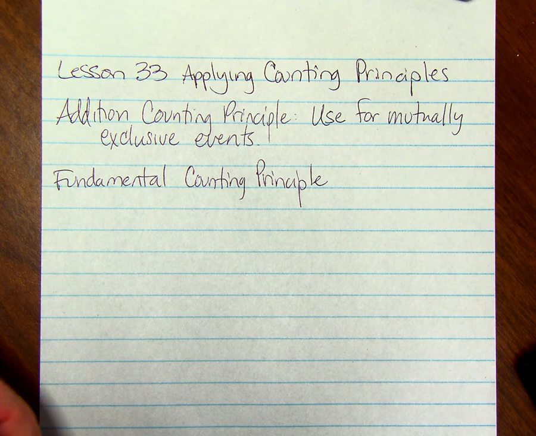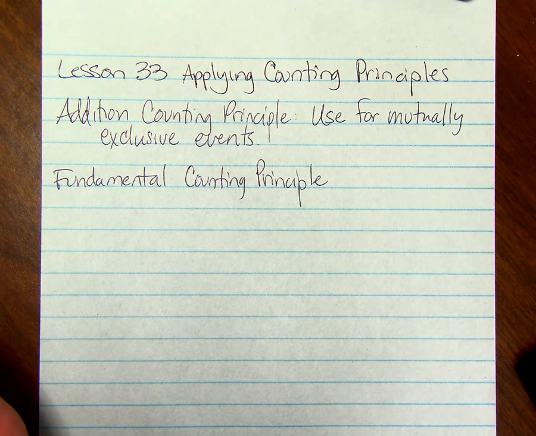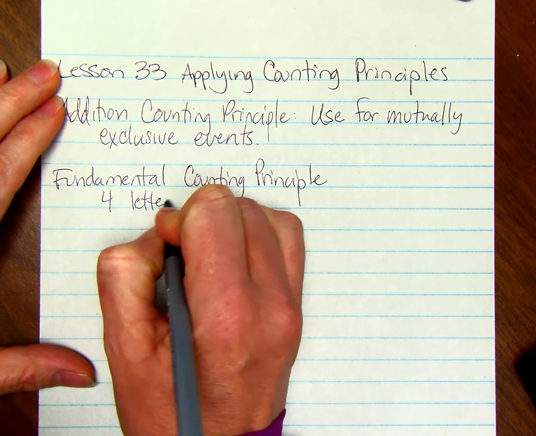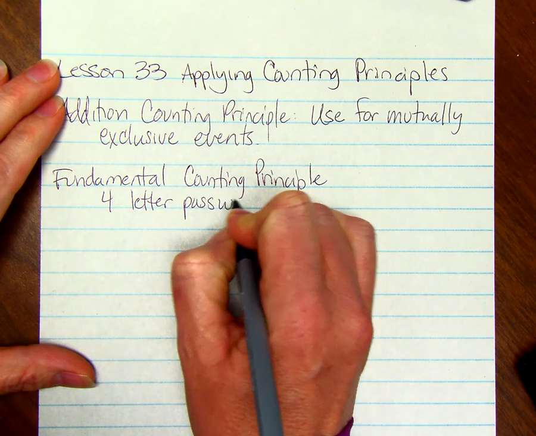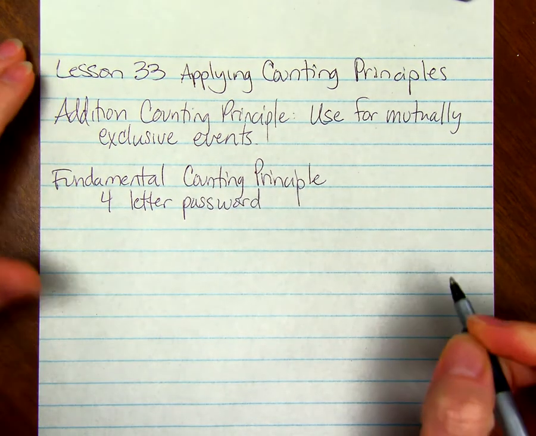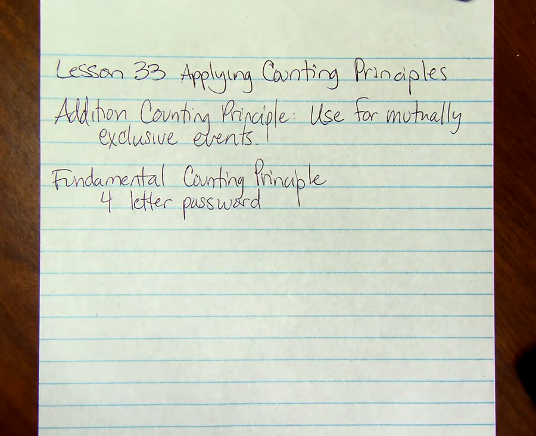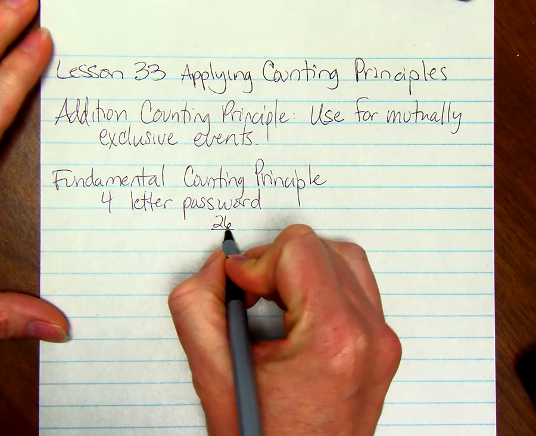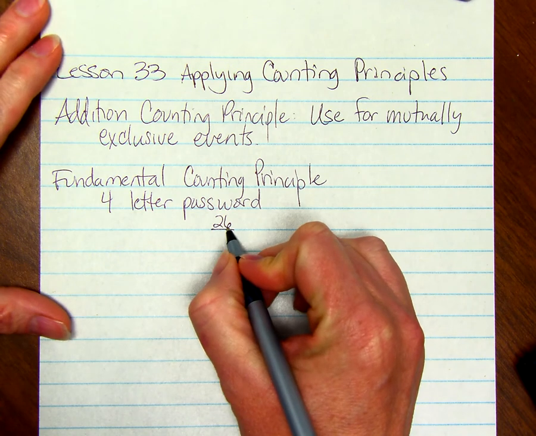So, for example, a student is choosing a 4-letter password, for an email or something. How many passwords are possible if letters may be repeated? Well, for the first letter, there's 26 letters in the alphabet.